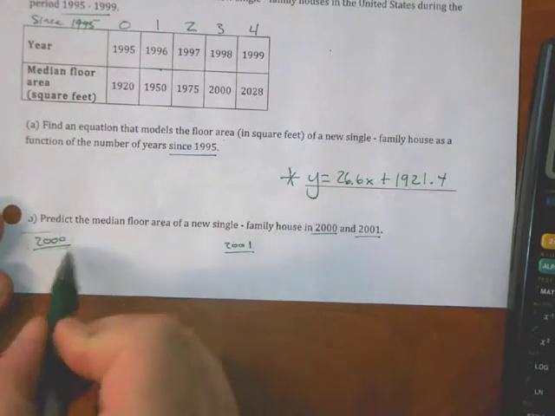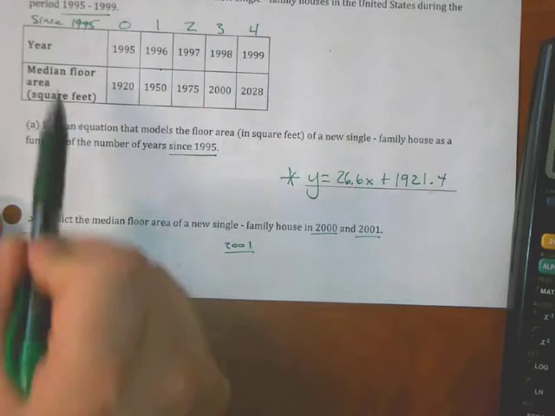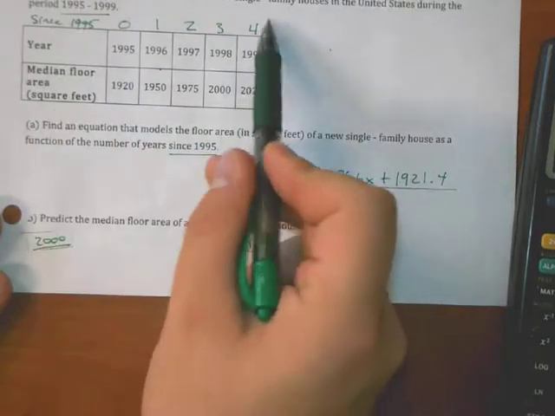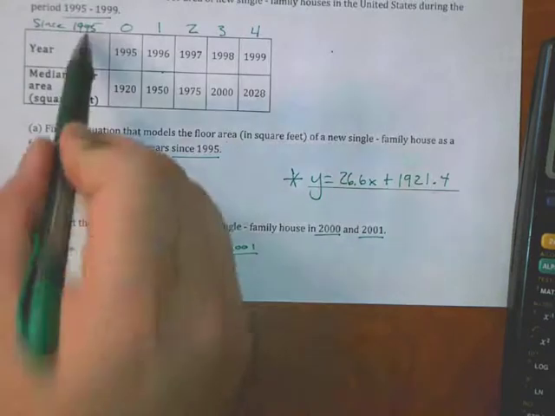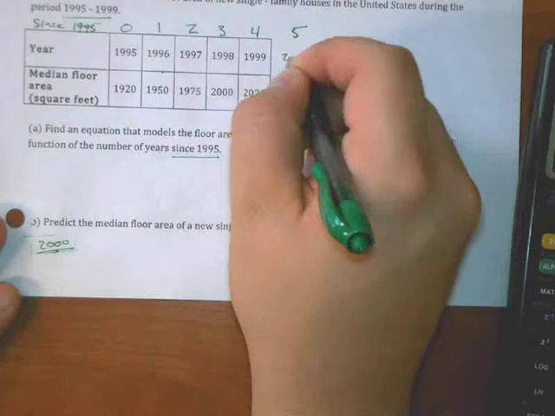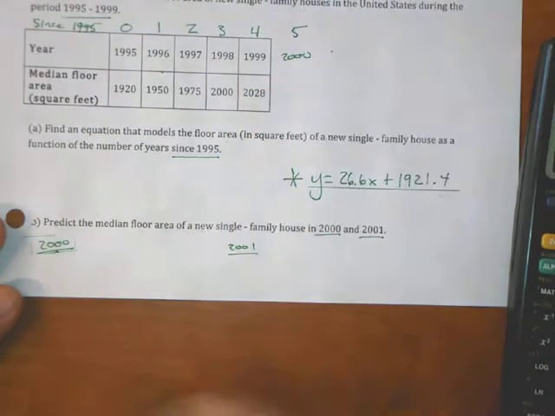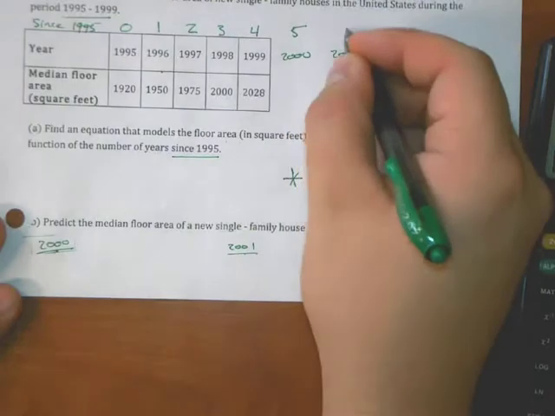So if we want to predict how big a house is in the year 2000, we need to figure out how many years after 95 that is, then plug in that number. How many years after 1995 is the year 2000? 5. How many years after 95 is 2001? 6.